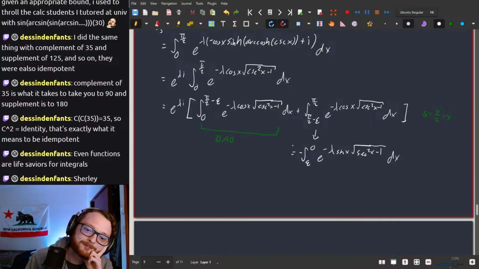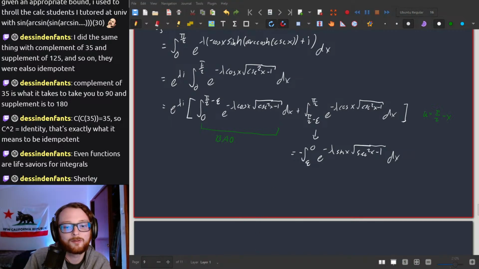How does sine of secant... this shouldn't have changed anything fundamentally, but let me just check how this function looks.